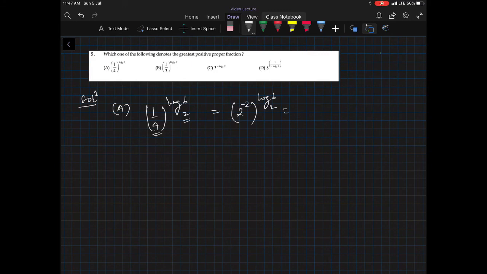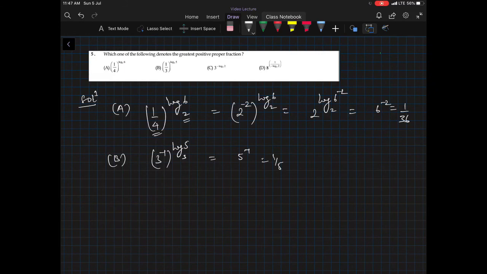So the powers get multiplied, so here it will become 2 to the power log 6 to the power minus 2, and here it is base 2, so 6 to the power minus 2, that is 1 by 36. Option B, 1 by 3, so this is 3 to the power minus 1 to the power log 5 base 3, minus 1 will multiply with this power, so you will directly get 5 to the power minus 1, and it is 1 by 5.